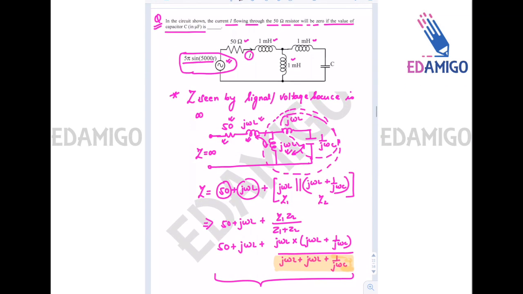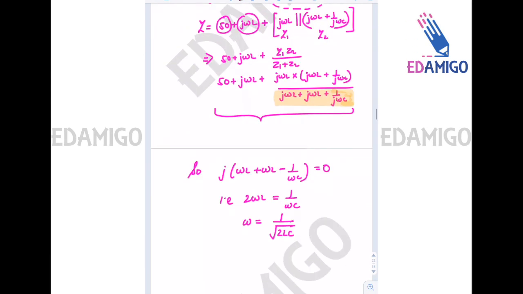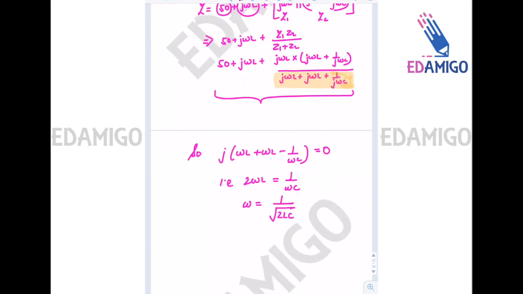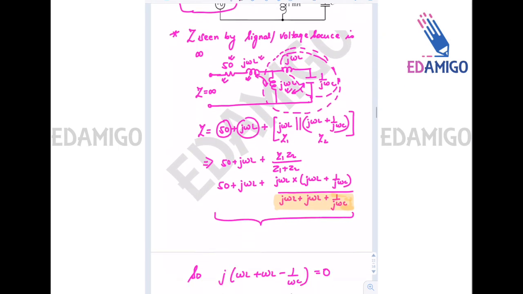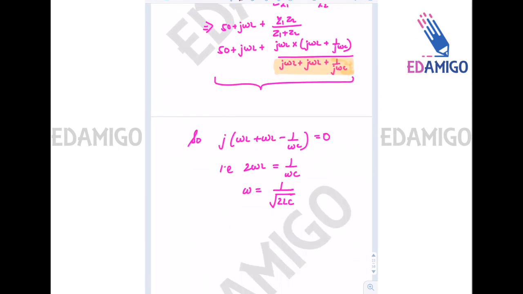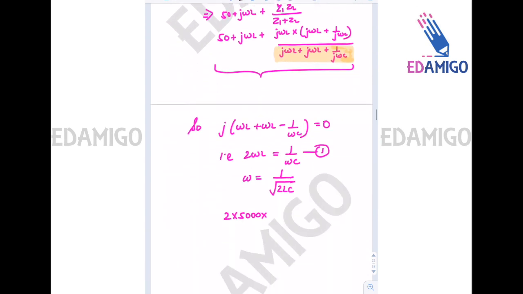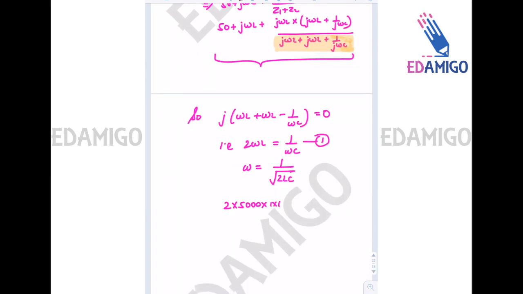Since we have to find the value of capacitance and omega is given to us as 5000, using this equation number 1, we have 2 into 5000 into L, where L is 1 millihenry, 1 into 10 to the power minus 3, equal to 1 upon 5000 into C.